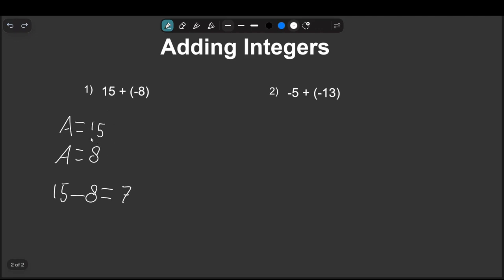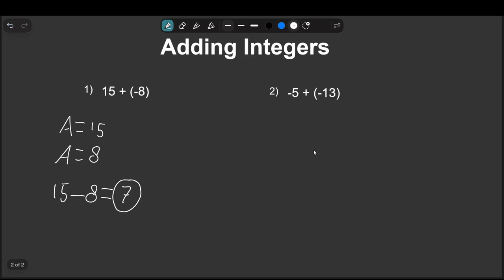We know that the 15 has a greater absolute value than the 8, so we use a positive answer because 15 is greater and it is a positive number. Let's say if the 15 was negative and the 8 was positive, we would have gotten negative 7, because the 15 is larger, so we use that sign.